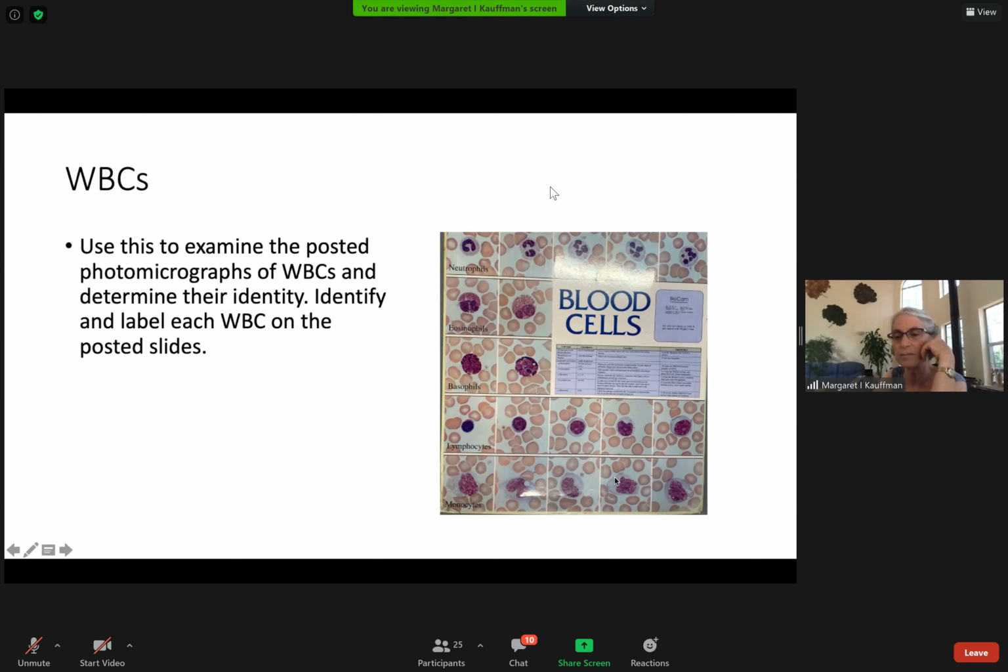Their cytoplasm is really, really clear. They are big cells compared to pretty much anybody else here. You can see basophils and eosinophils are fairly large too, but not as big as the monocytes, which are extending from here to there.